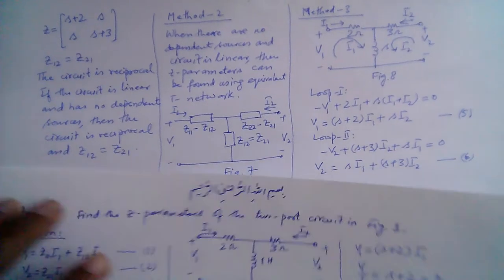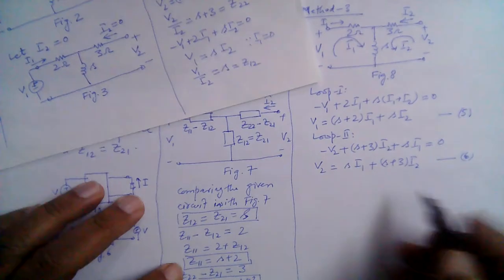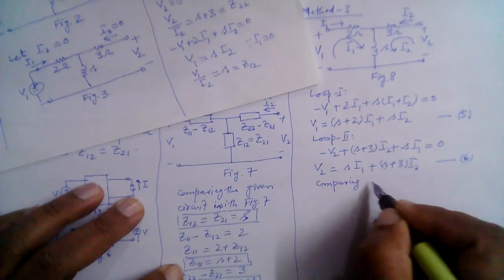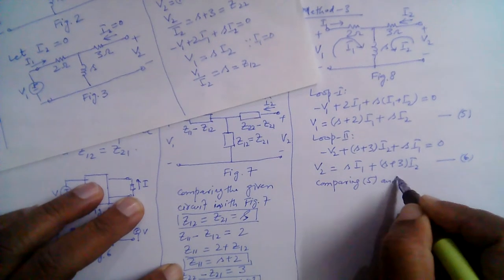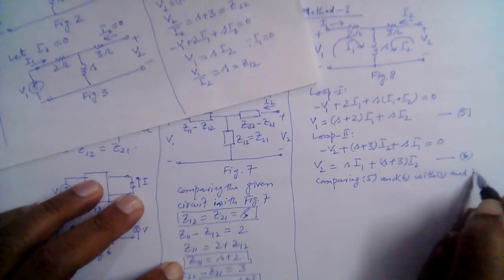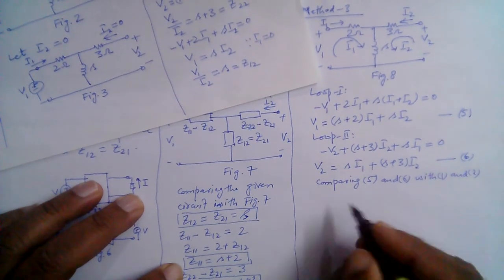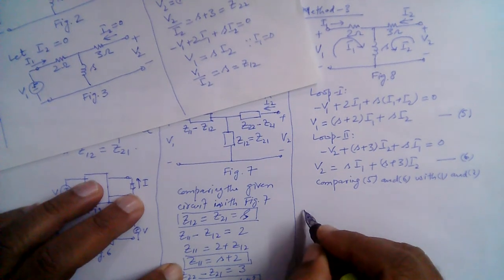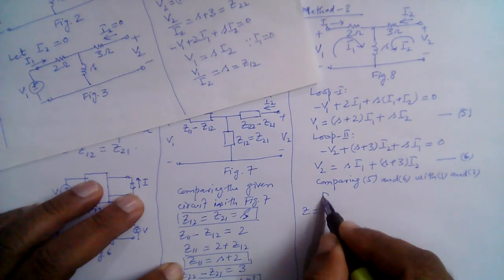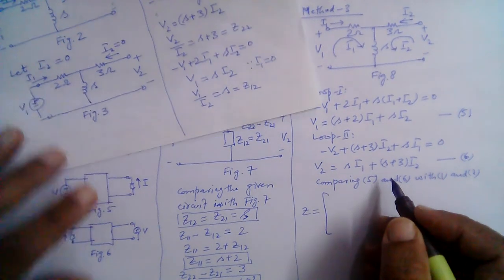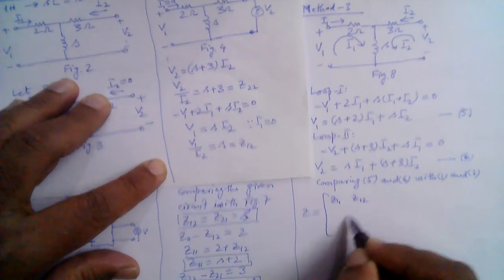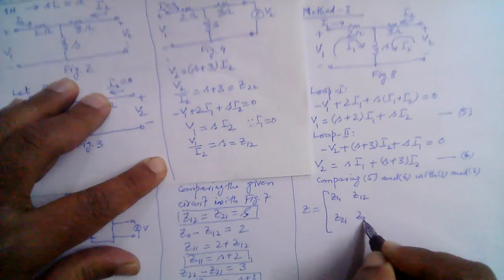So comparing 5 and 6 with 1 and 2, we get the Z parameters: Z11, Z12, Z21, Z22.